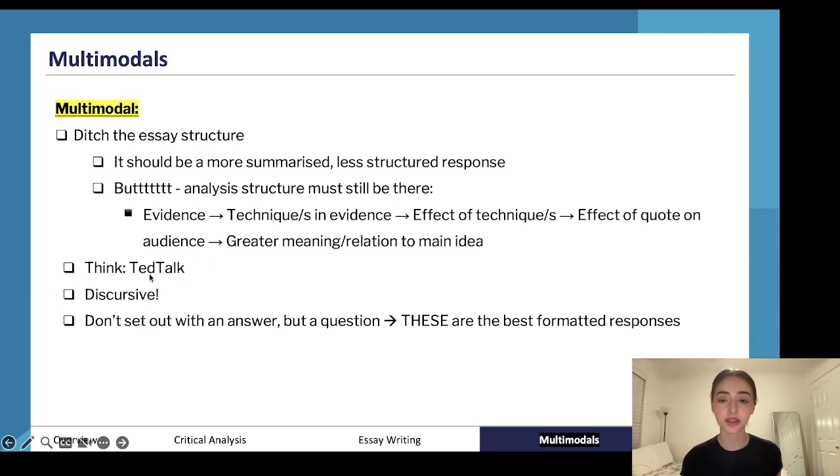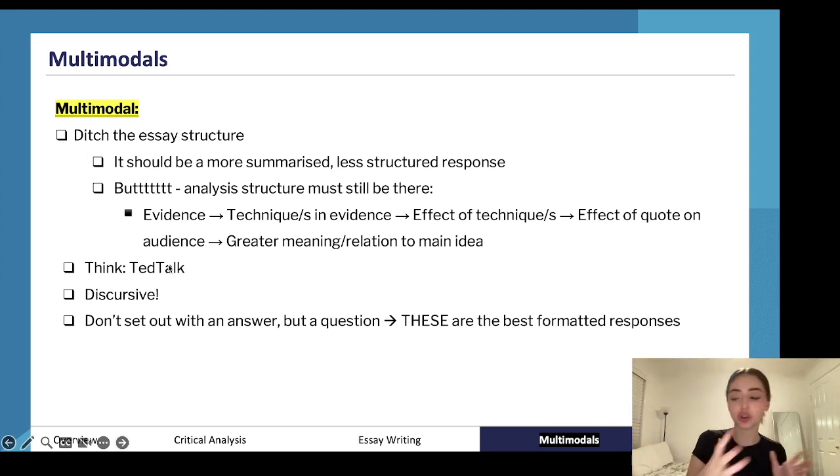And a discursive is not an essay, not a persuasive, not creative writing. It's like a TED Talk, right? You bounce from idea to idea. Maybe it's this, but what about this? Could it also be this? That kind of thing. And so because of that, you don't set out with an answer and try to prove the answer to your reader like you do in an essay or a persuasive text, but you start with a question.